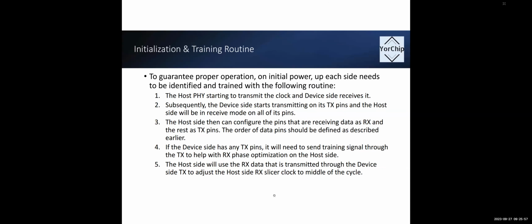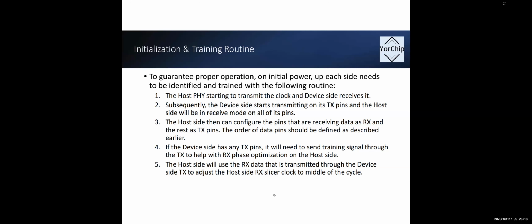Now what we have to work through is the initialization and training routine. This initialization and training is a little bit more involved, but we can skip certain steps if we do some hard coding on the host phi as well, which we can.